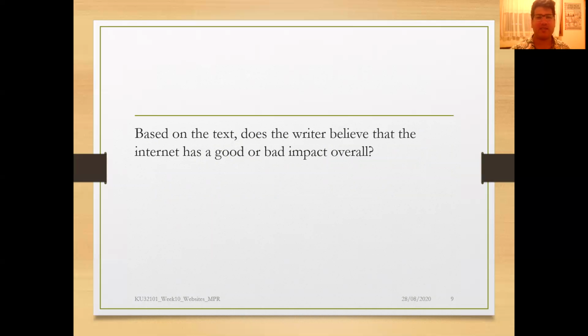Based on the text, does the writer believe that the internet has a good or bad impact overall? Overall means what the writer thinks. What is his final thinking on whether the internet has a good or bad impact?